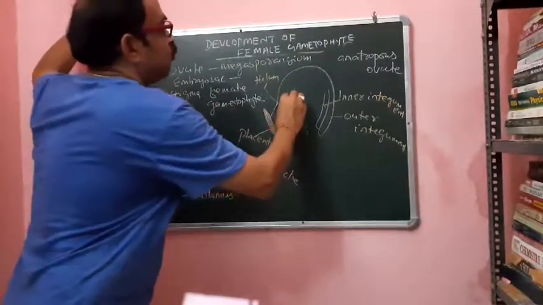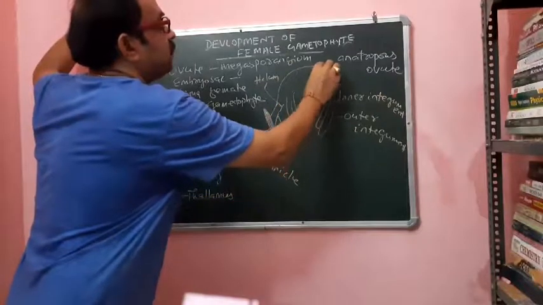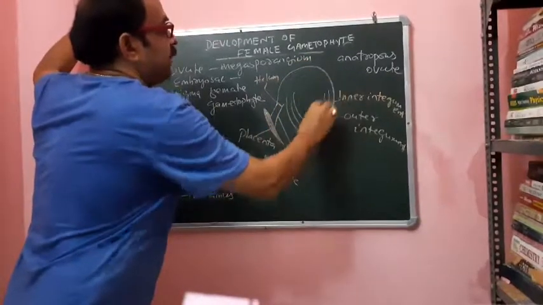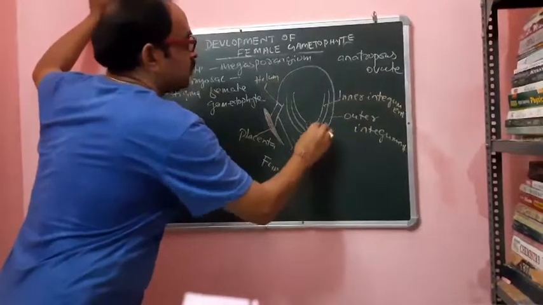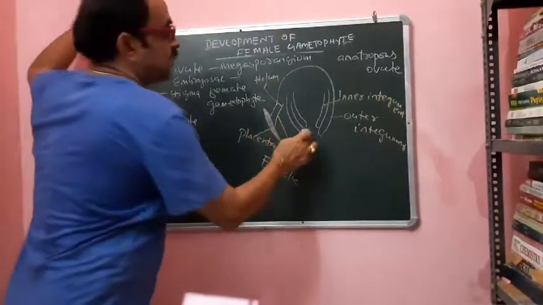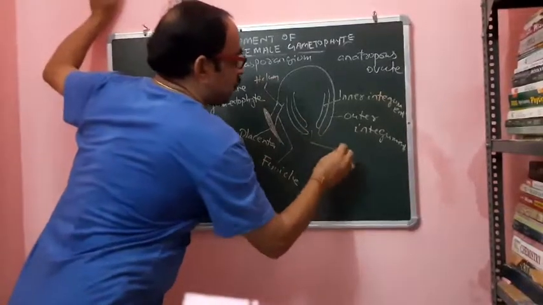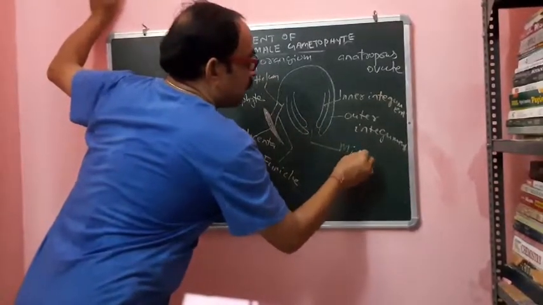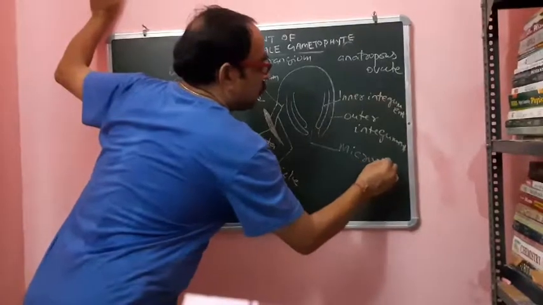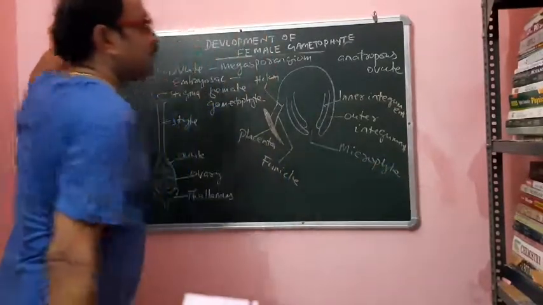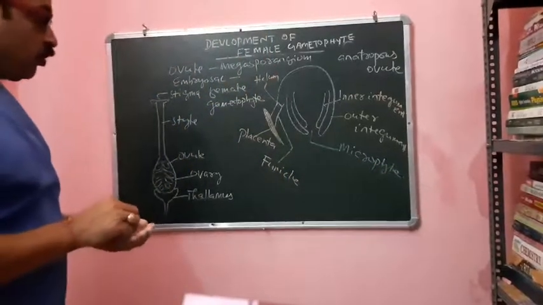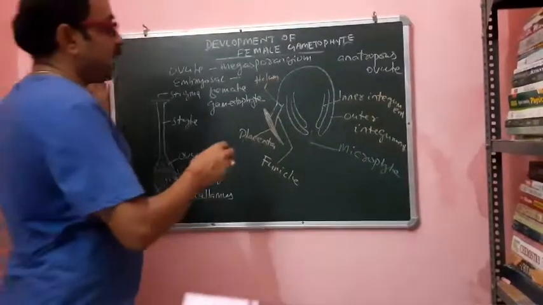The integuments arise from this end, and the pore, the space which is not completed by the integuments, is called micropyle.